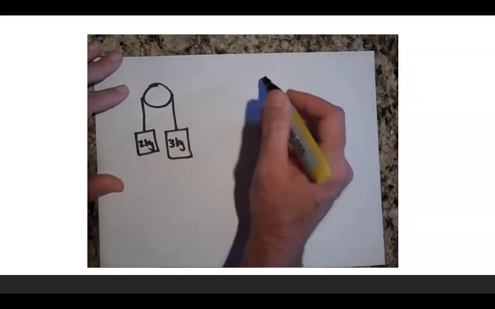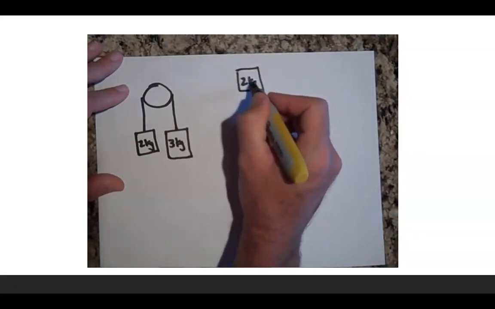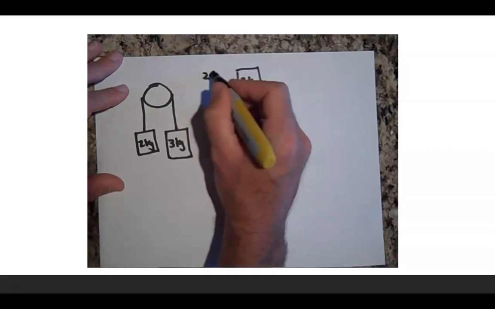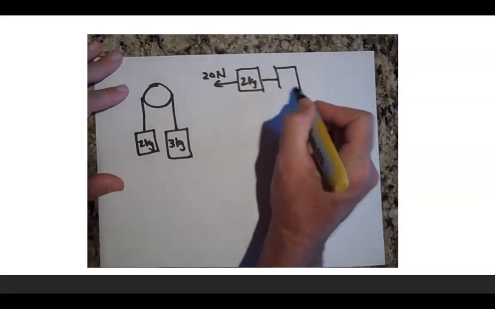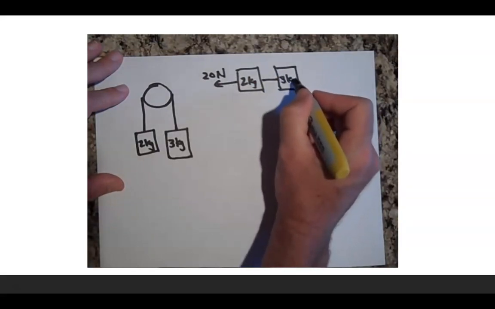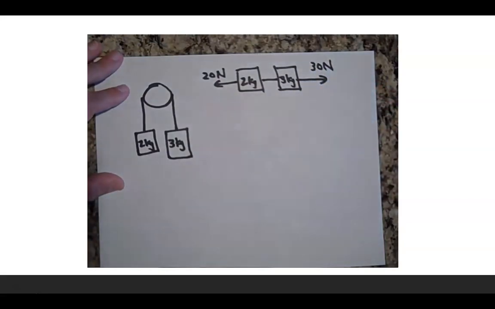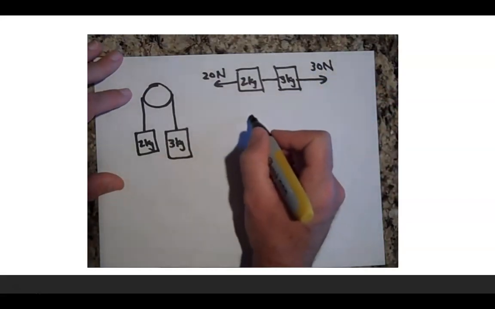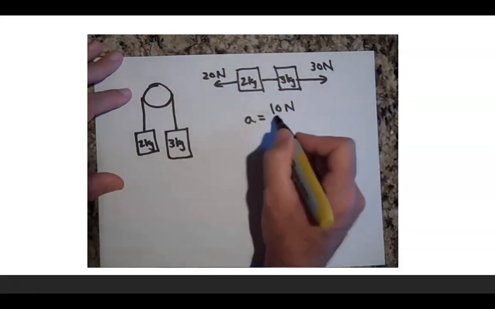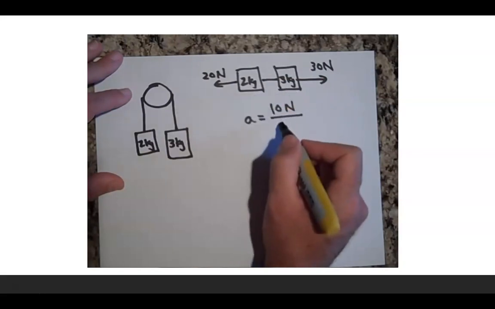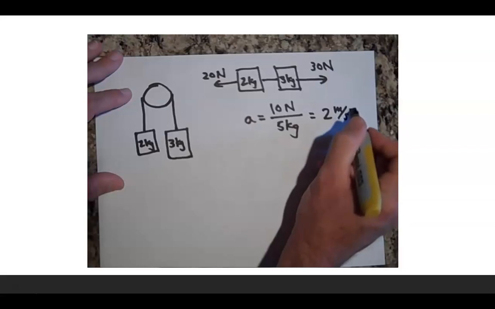Well, that's kind of like a 2 kilogram being pulled with 20 newtons and a 3 kilogram being pulled with 30 newtons. And so the acceleration is equal to the net force, that would be 10 newtons since they're pulling in opposite directions, divided by the mass, which is 5 kilograms. So that's 2 meters per second squared.